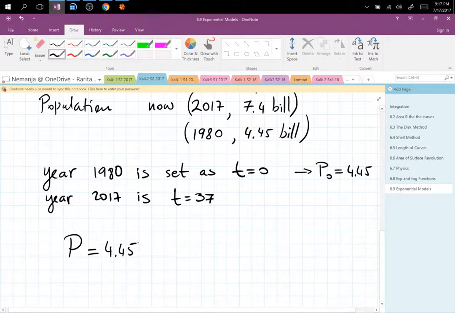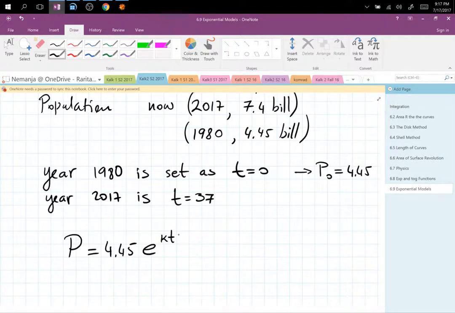So now I have the first step on getting the model where the population is the initial population. In our case, we are starting measuring from 1980. So that's 4.45 times e to the kt. Now k is the exponential growth rate.